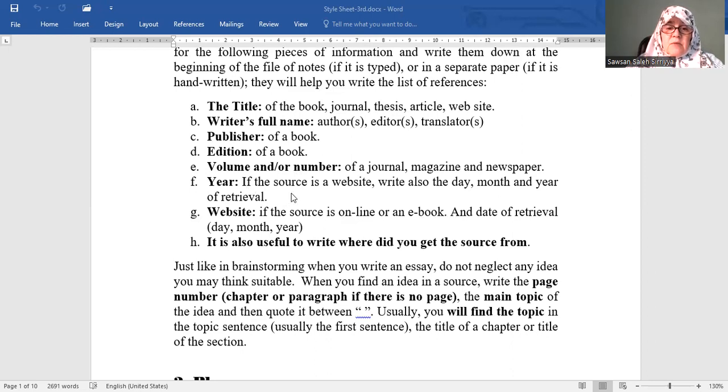The year. If the source is a website, write also the day, month, and year of retrieval. Website, if the source is online or an ebook, and date of retrieval means day, month, year. It is also useful to write where you got the source from. To give you an example, let me show you.